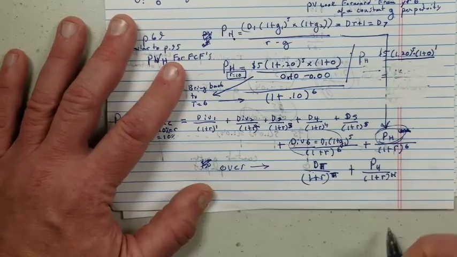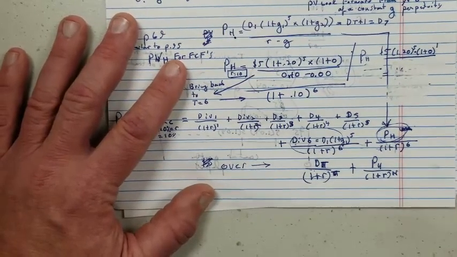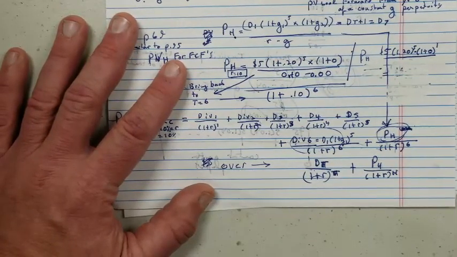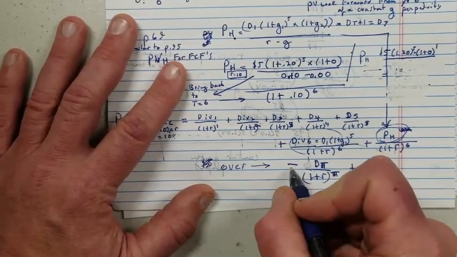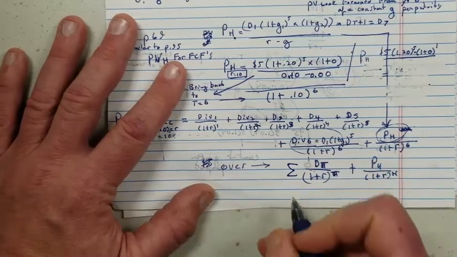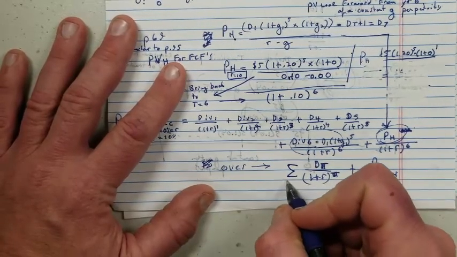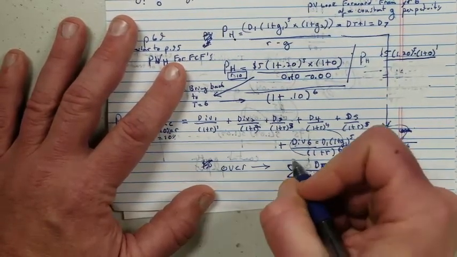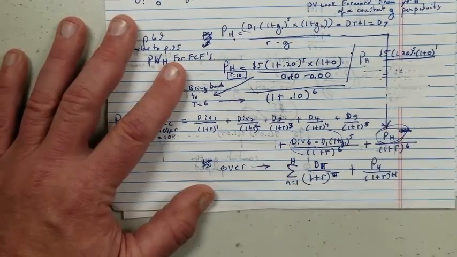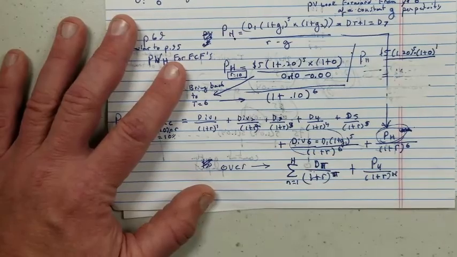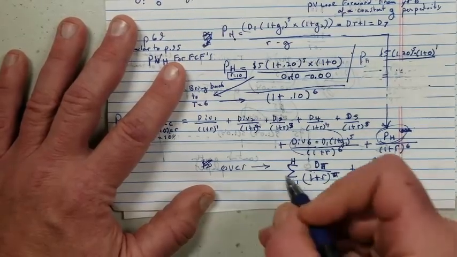That would be H. All right, so in that case, this is ever so similar to the normal basic dividend discount model, right? So T equals 1 to H, all right?